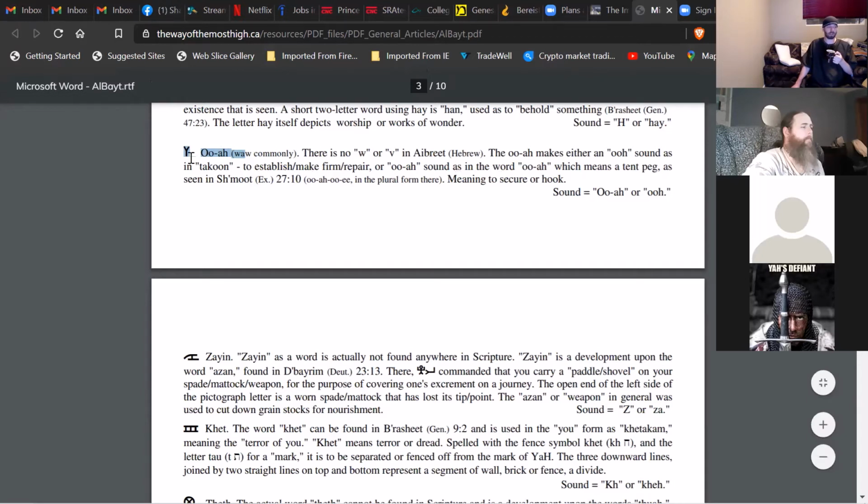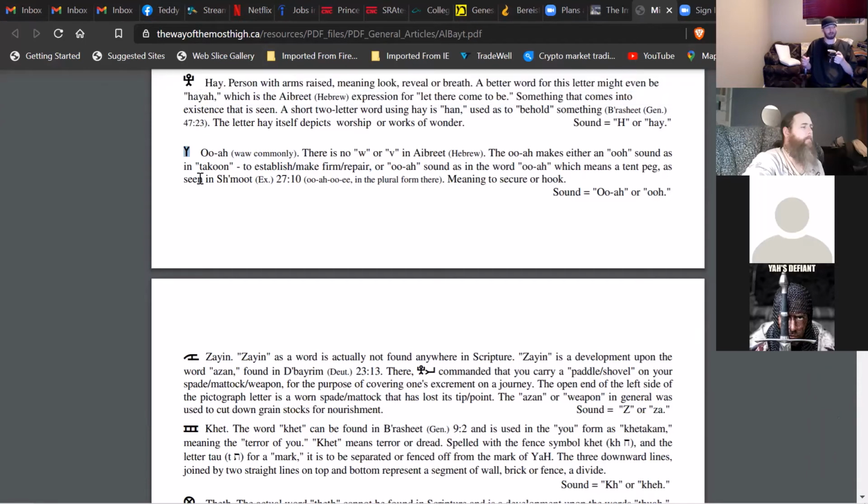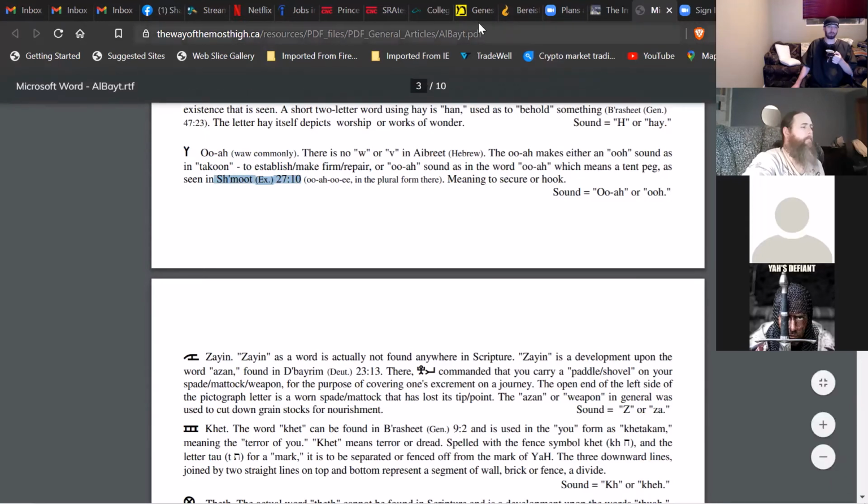This is the tent peg. The tent peg is shaped in the form of a Y to hold the rope down at the corner points where you'd stake your tent. So look at Exodus chapter 27, verse 10.